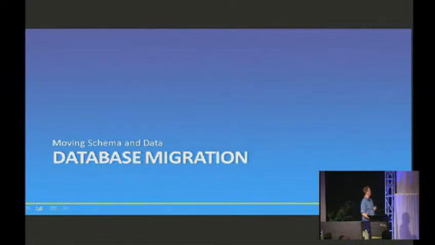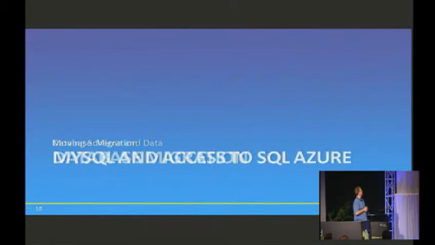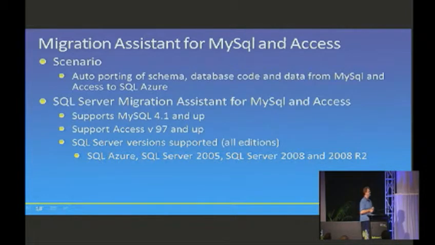We've been working really hard on the ability to take workloads, move them from SQL Server up to the cloud, and move them from other database platforms to the cloud as well. One of the things we just came out with, I think about 3 or 4 weeks ago, was SQL Server Migration Assistant, which has been out for quite some time, but now has support for SQL Azure.